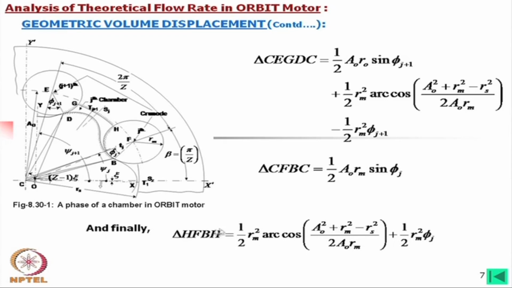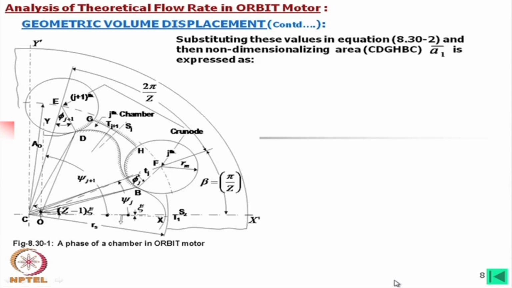And finally, H, F, B, H is nothing but this angle. So, this area is Rm square into cos of that plus half Rm into phi j. That means, we have considered this area first and then we have considered this area.